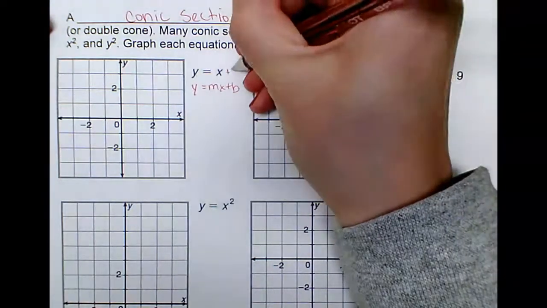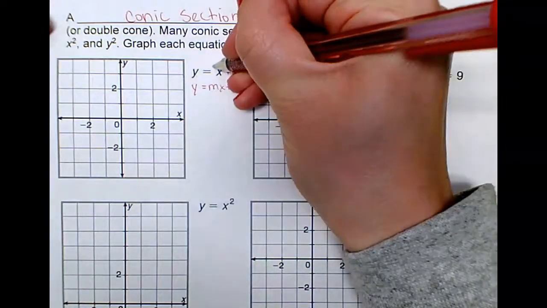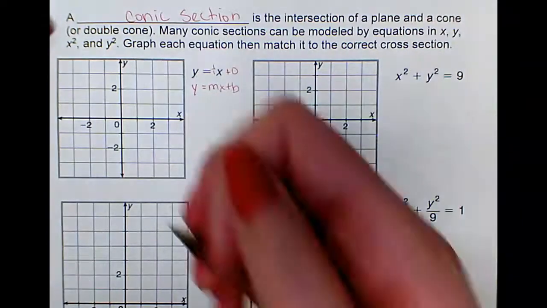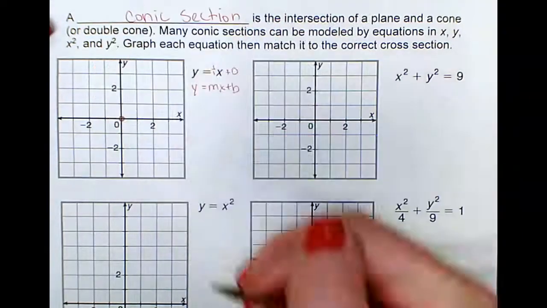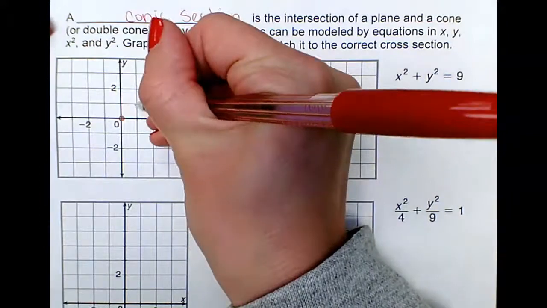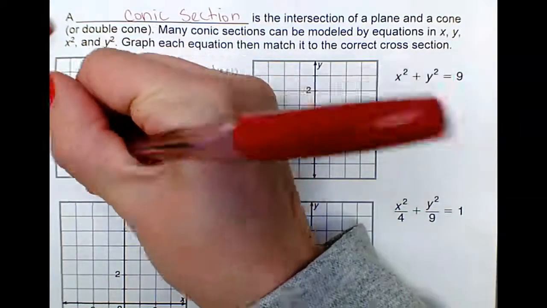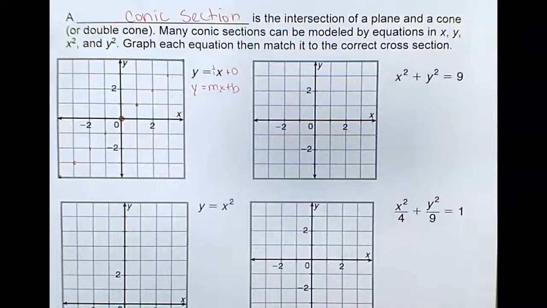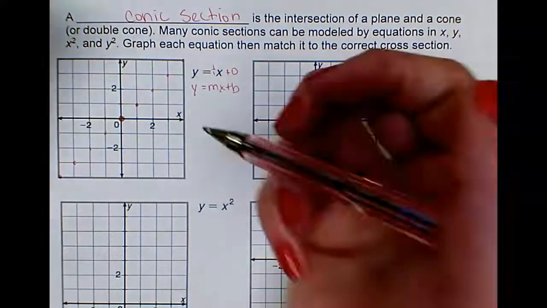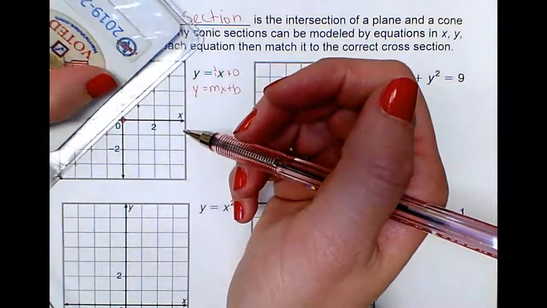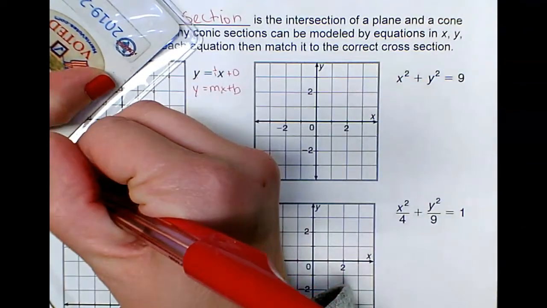My y-intercept here is 0. My slope here is 1 over 1. So when I graph this, I start at a y-intercept of 0. I rise 1, I run 1, and I continue until I'm off of my graph. So I'm going to use a straight edge to create that straight line.